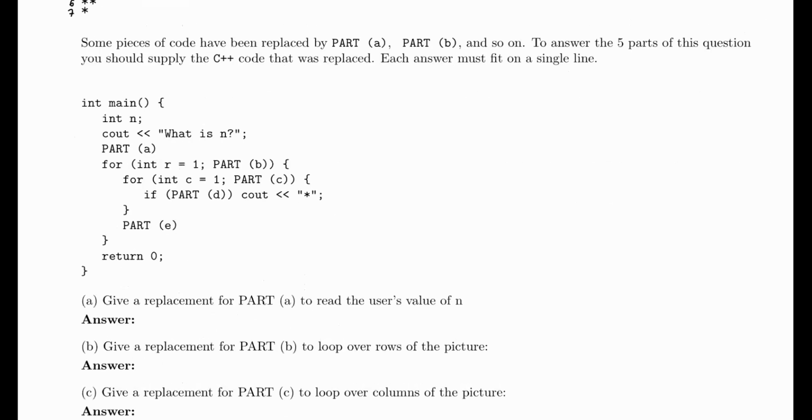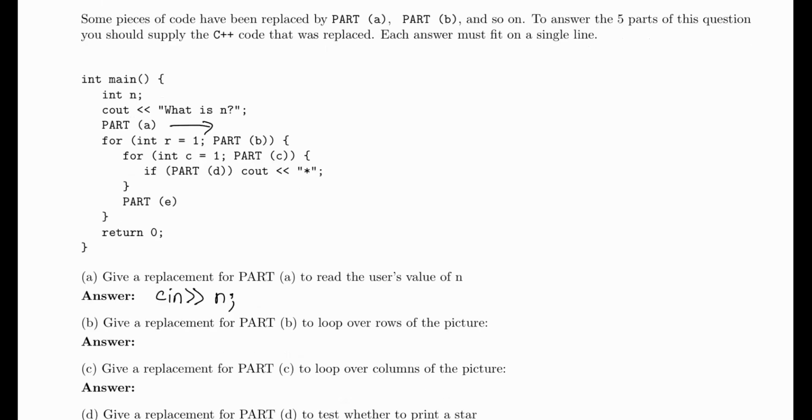The code has n. What is n? So part A, this is an easy one. What do you think we should write in here? Cin, yes, cin arrow n, since we ask the user to enter n.